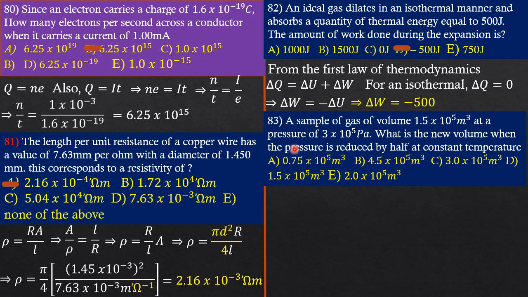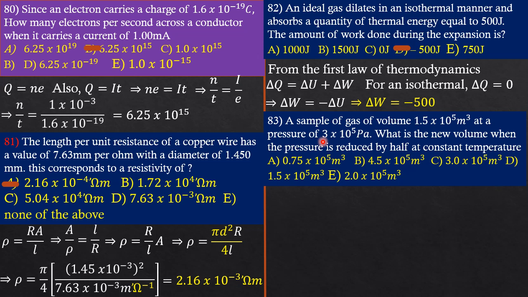So guys, all we need to do in this case is to use Boyle's law, since Boyle's law relates the pressure and the volume at constant temperature. Boyle's law simply tells us the inverse relationship that exists between the pressure and the volume when the temperature is kept constant.